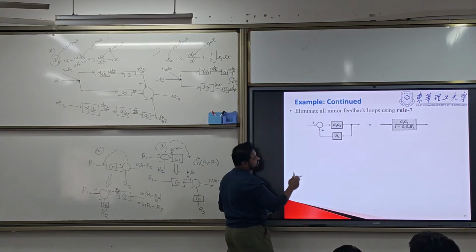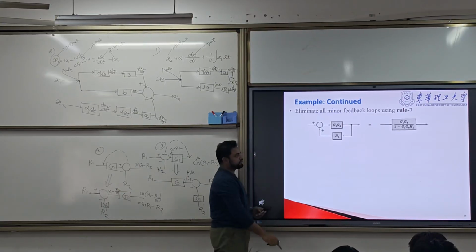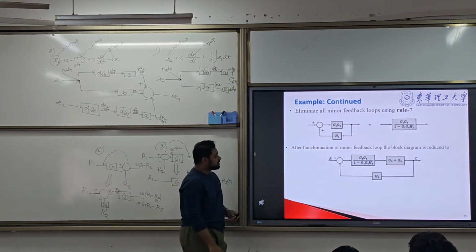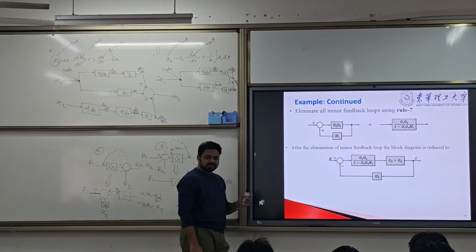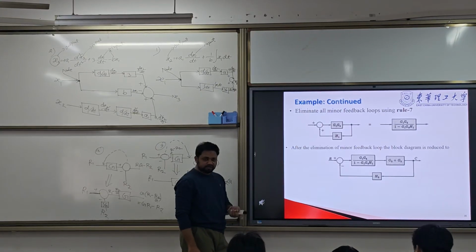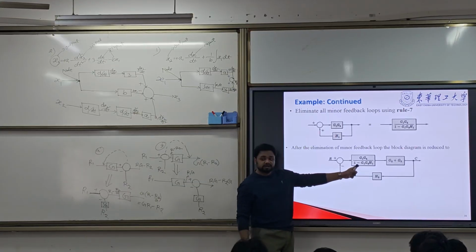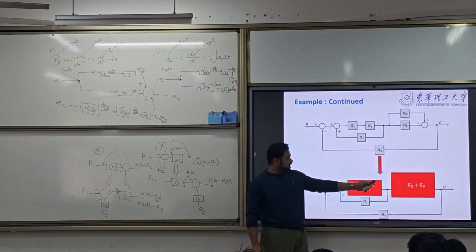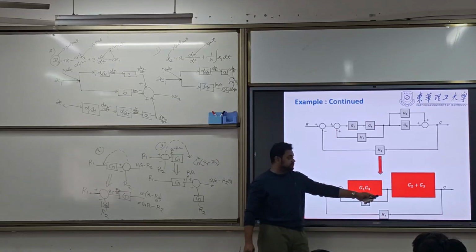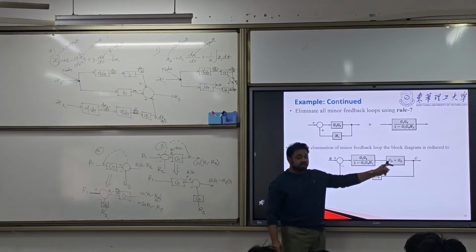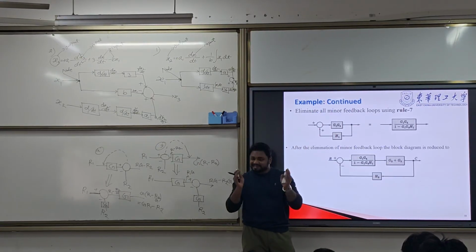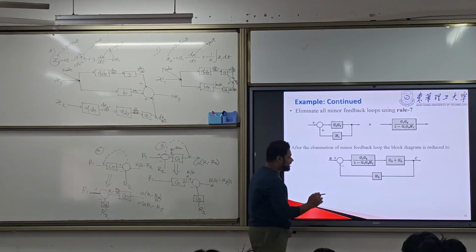Now look at this. G1 G4 over 1 minus G1 G4 H1, and now the block looks like this. It is more reduced. Then we have this G2 plus G3. Now both are in cascade. Cascade means multiply.